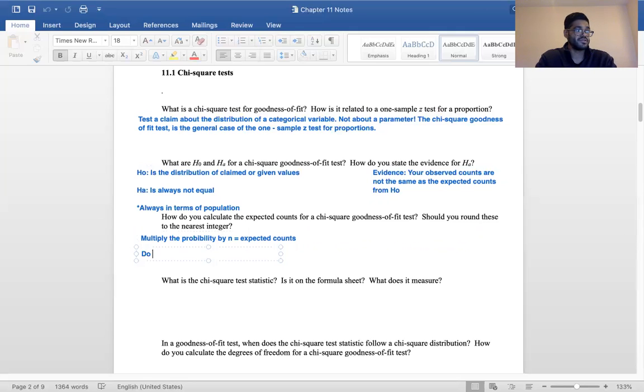You do not round the expected counts. These represent the average number in each category for repeated samples.